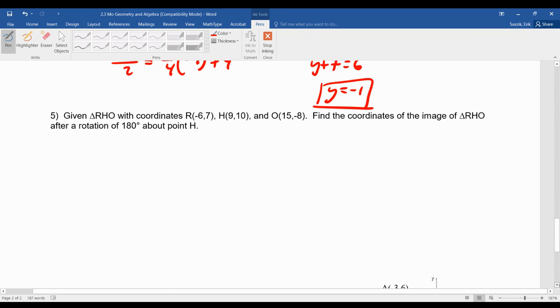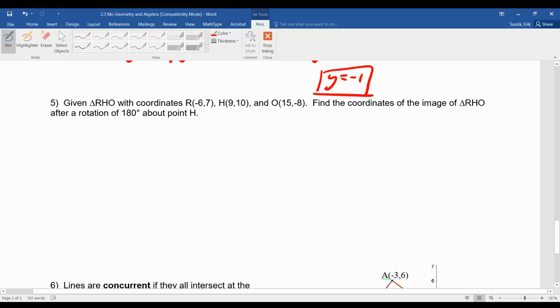Now we haven't talked a lot about rotation yet, and we're going to talk about that more later on. This is probably something that we have to visit later on.